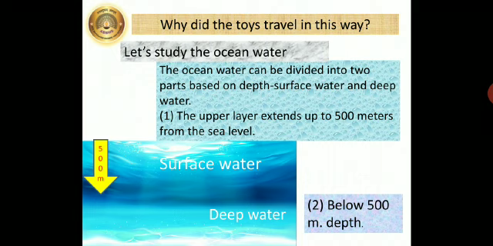The upper layer that extends up to 500 meters from the sea level, that is from the top of the sea, when you go below the water up to 500 meters, this portion of water is called the surface water. Now below 500 meters, the water is called the deep water.